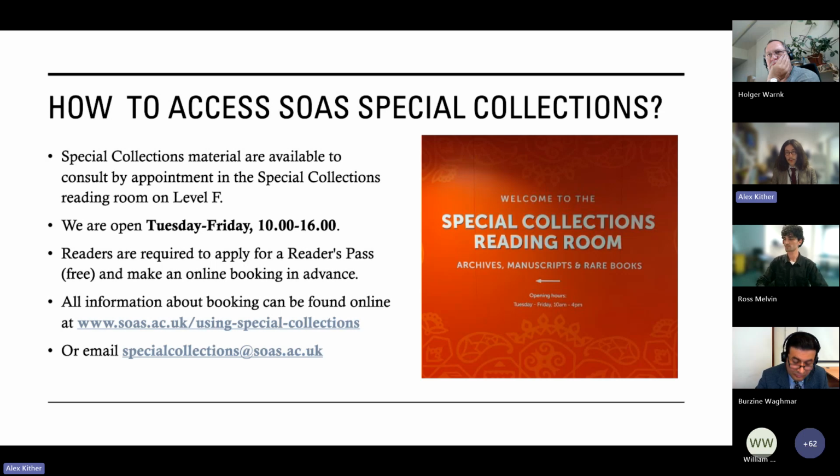You can apply for a reader's pass, which is free, to use special collections, then make a booking online via our website and request specific material that you would like to see when you find the references in our catalogues. All of the information about booking can be found at the link I've provided there, and you can also email us. I've provided all the emails for myself and my colleagues. I'll share the inbox at the end of this as well if you want to take a note of it when we get there.